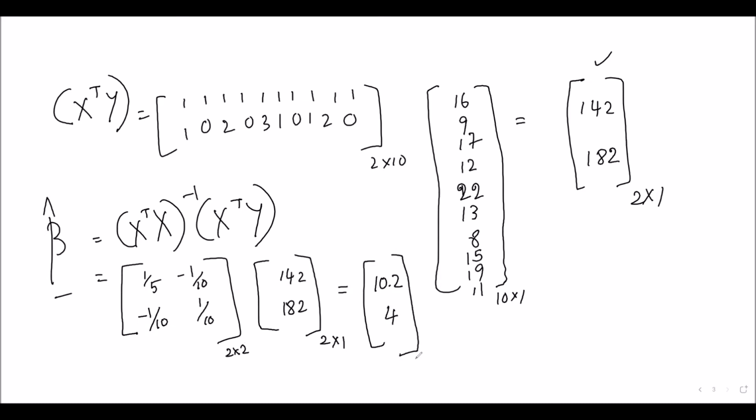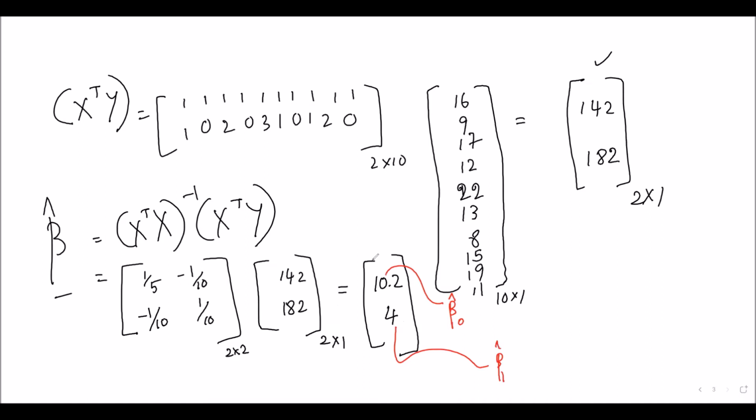What have we got here? If you check the earlier example using the normal equations, the normal formulas, you got this value for beta naught hat. You got this value for beta 1 hat, right?